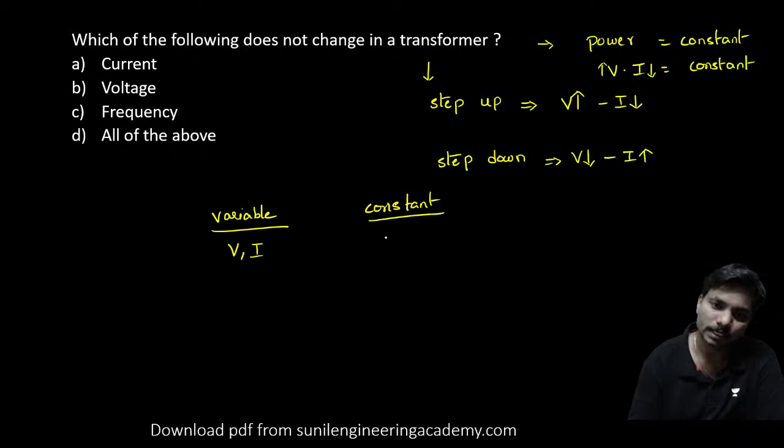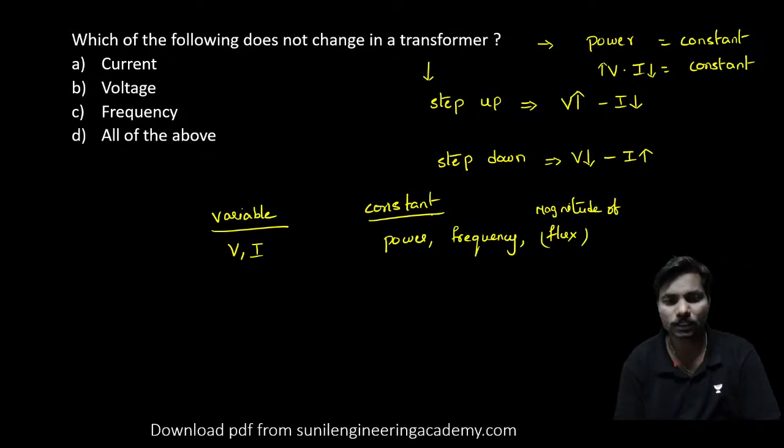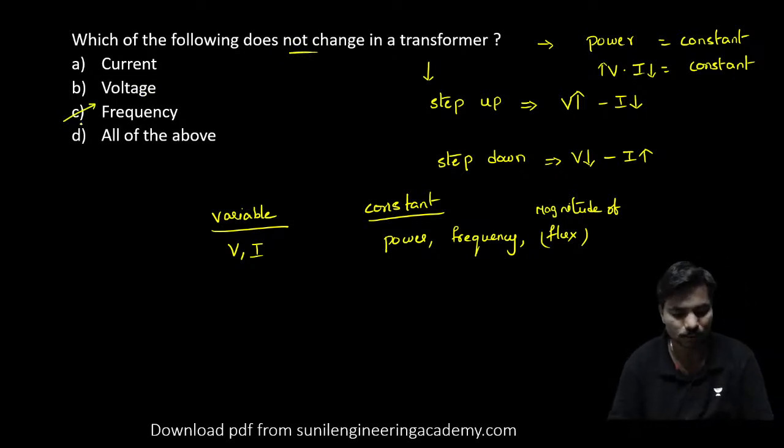Power is constant, and also frequency is constant, and the magnitude of flux is also constant. So these three parameters are constant, and voltage and current change. Frequency does not change, so we can give the answer as option C.